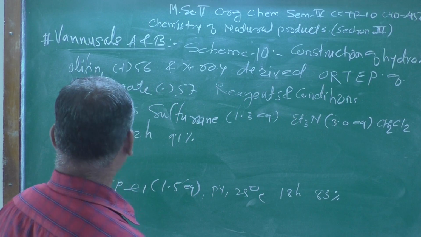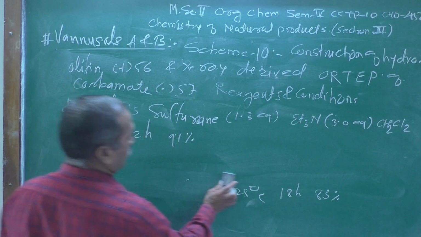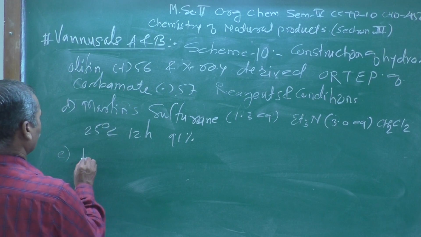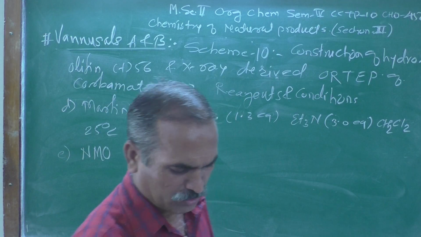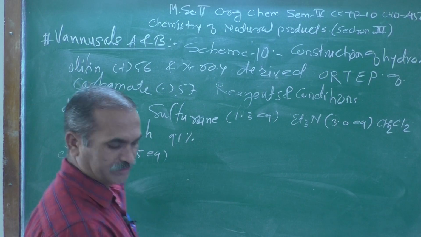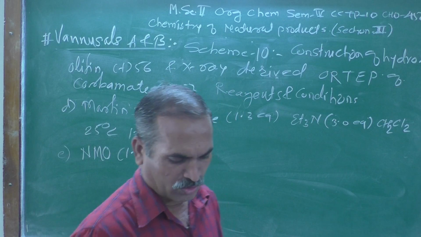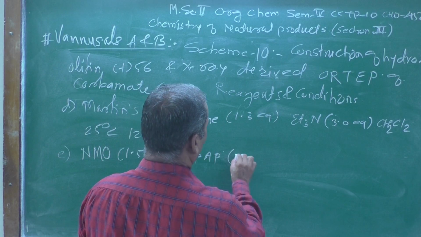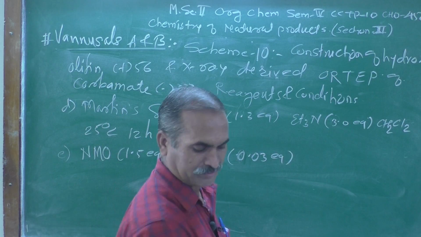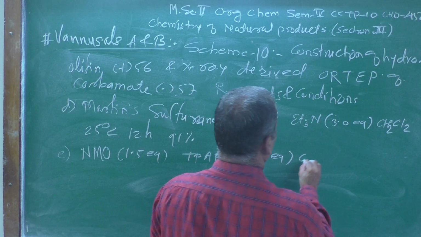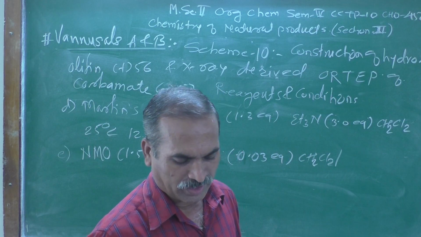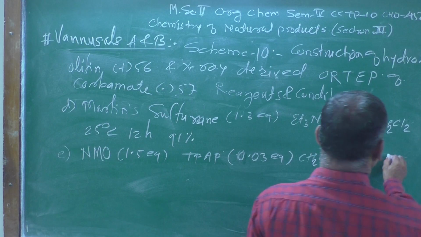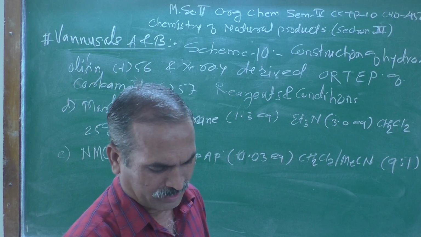Next one, which we are going to see here, is reagent E, and reagent E will be NMO, which was taken at about 1.5 equivalent, followed by TPAP, taken at around 0.03 equivalent, and then CH2Cl2 and methyl cyanide in the proportion 9:1.